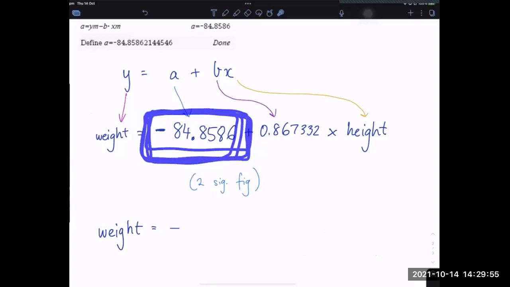Because you could do this on the calculator, but if you know how to do it by hand, it's actually a lot faster. Yeah, correct, Forrest. You're just missing that negative on the A. Correct, Danny? Two significant figures.